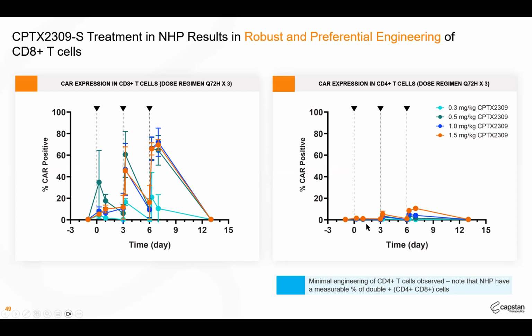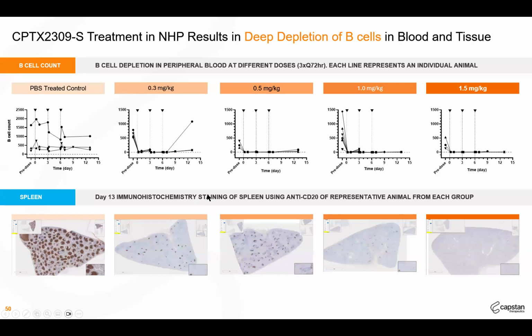This is in CD4 cells. Now, here we're targeting CD8, so we don't want it in the CD4 cells. Some activated CD8s do express CD4, so there is some minimal expression here. And this is data that is really, really exciting for us.